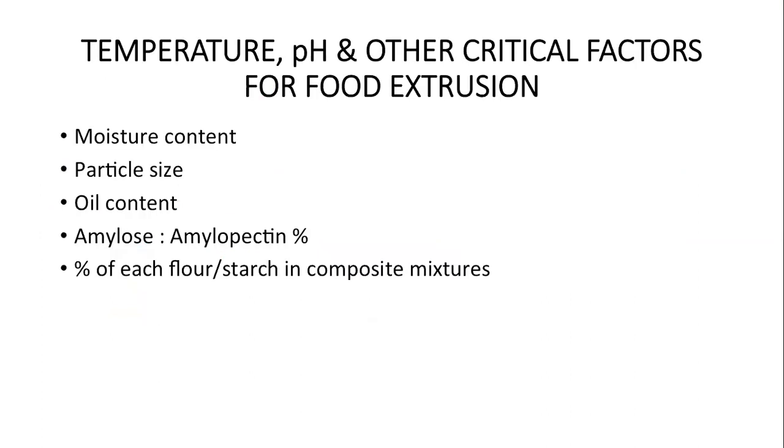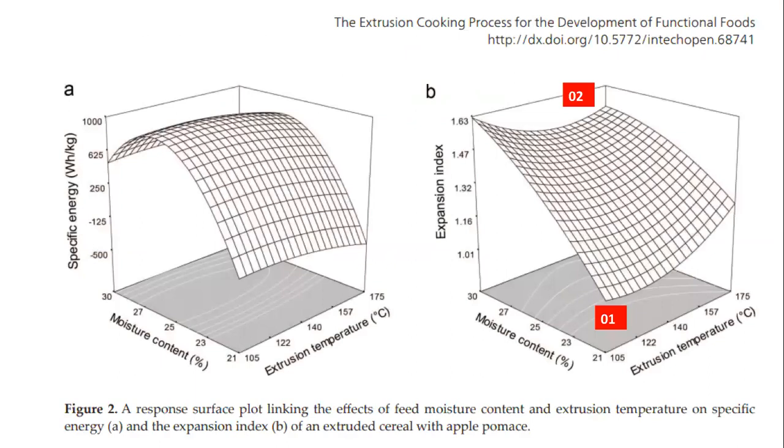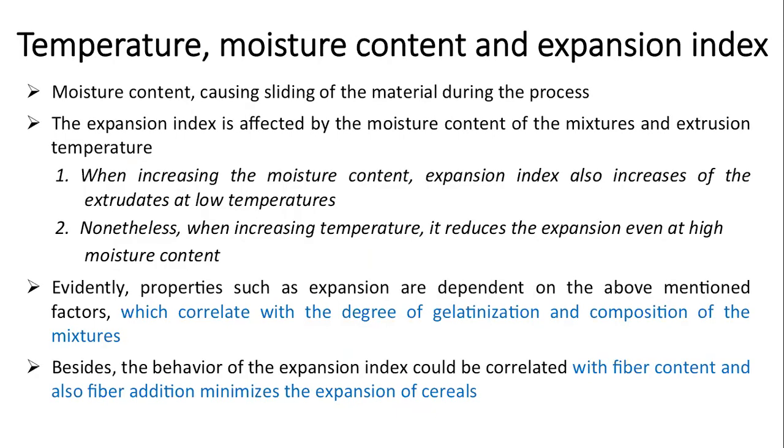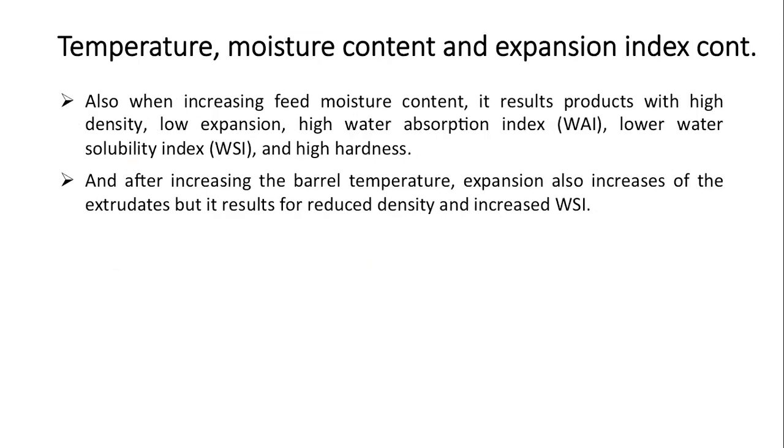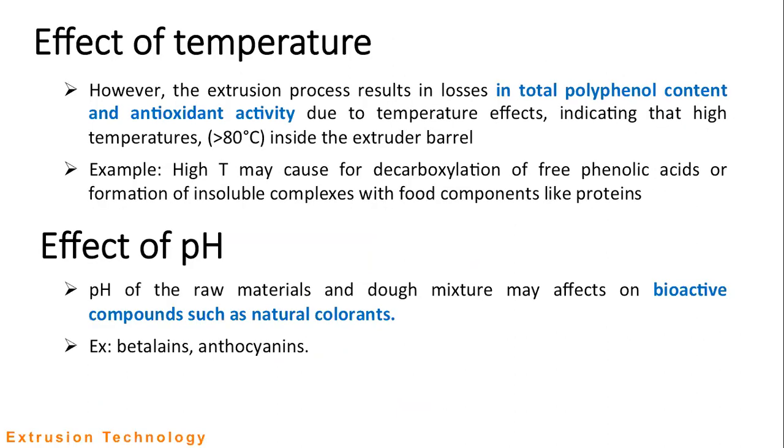And temperature, moisture, particle size, oil content, amylose, amylopectin percentages, and flour mixture, how to use a flour mixture. Entirely different flour mixtures also we can use. So how it changes. And in these two graphs, we also discussed the specific energy, extrusion temperature, moisture, and expansion index, how they change with different factors and by altering two factors together, right?